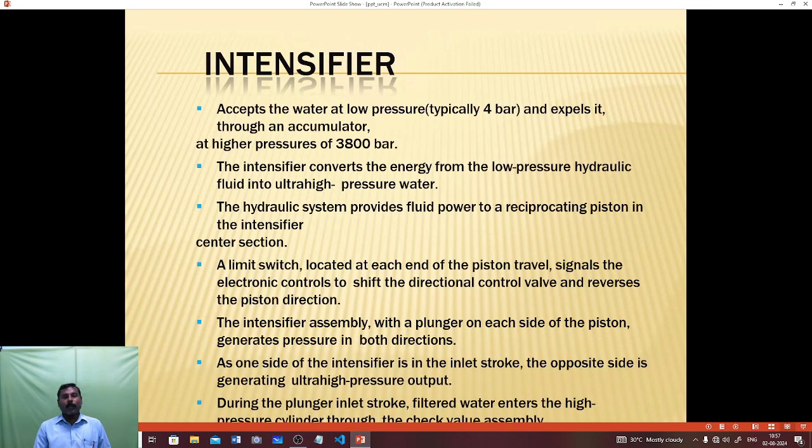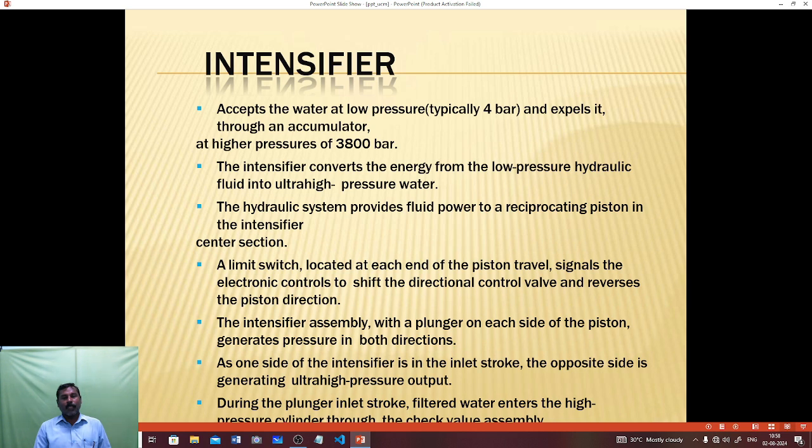The intensifier accepts the water at low pressure and pressurizes it through an accumulator to a higher pressure of 3800 bar. The intensifier converts the energy from the low pressure hydraulic fluid into ultra high pressure water. The hydraulic system provides fluid power to the reciprocating piston in the intensifier.